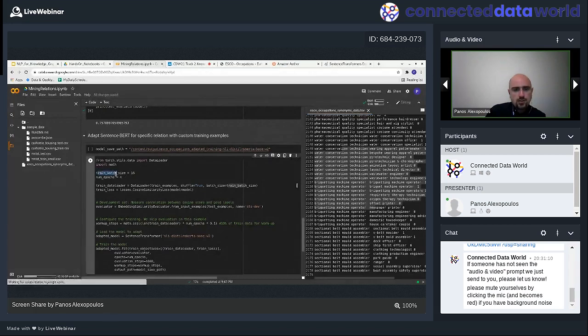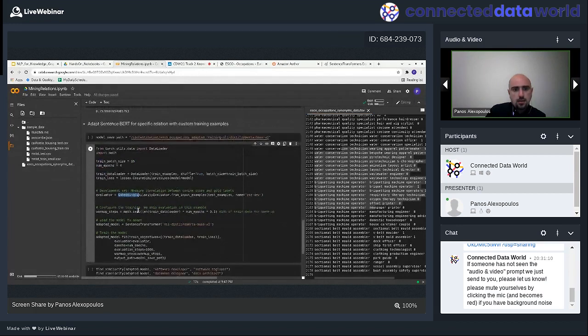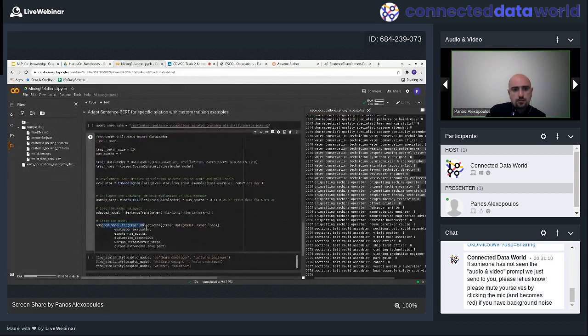So we define some training parameters, we load the data, and we train it. I'm not going to run it here because, with this amount of data, it took me around half an hour to do the training. But after the training, I saved the model. So when you also train it, the model will be saved. So then I can use it.